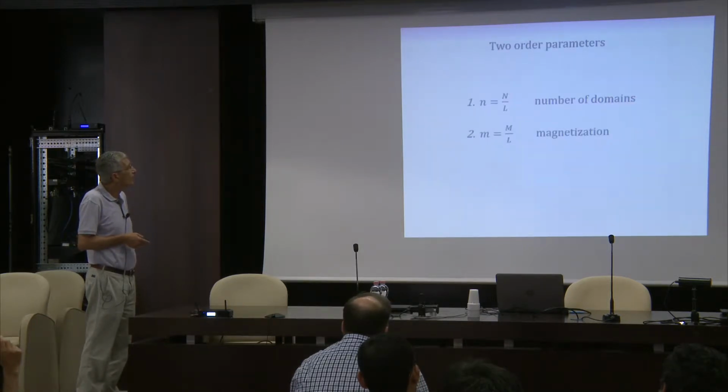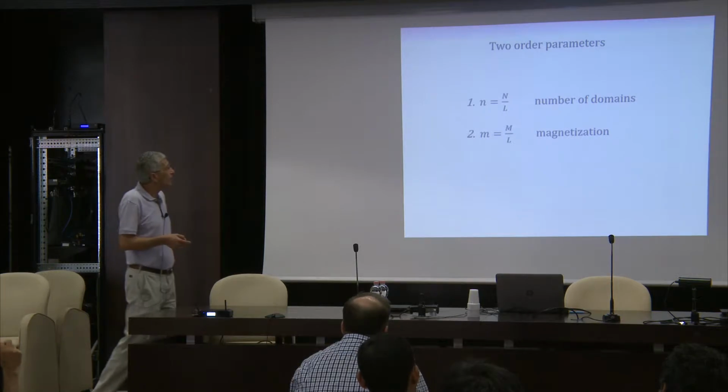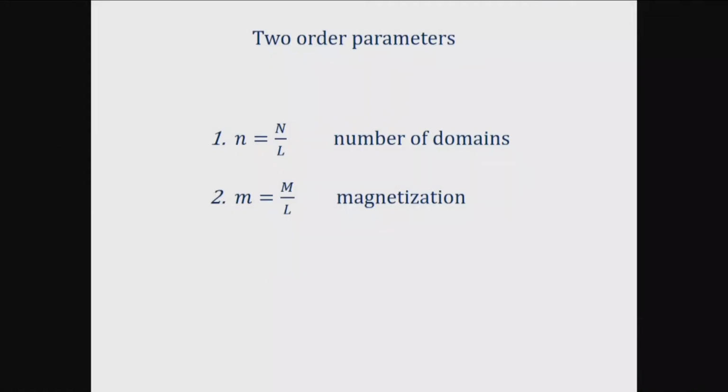Okay. Now there are two other parameters that you can talk about in this model. One is the number of domains per unit length, n over L. And the other one is the magnetization. You see, the transition is that the number of domains decreases as you get to the transition. It can go to 0, if it's a second order phase transition. You know, the length of the domain goes to infinity, or it can stay finite.